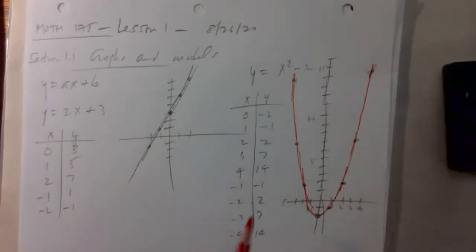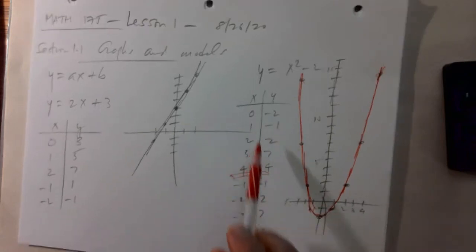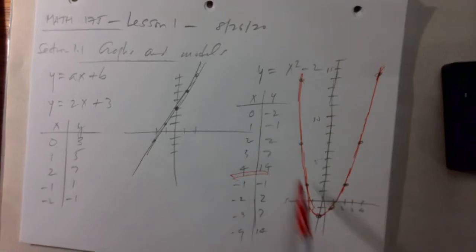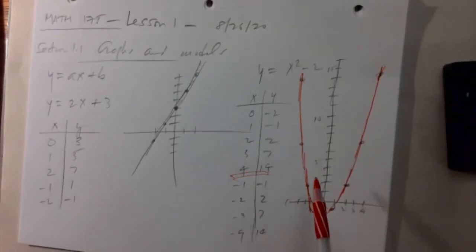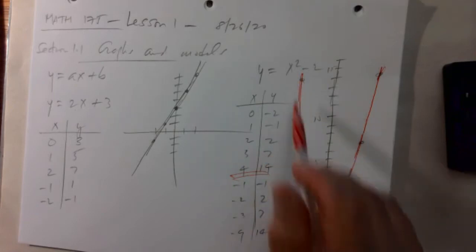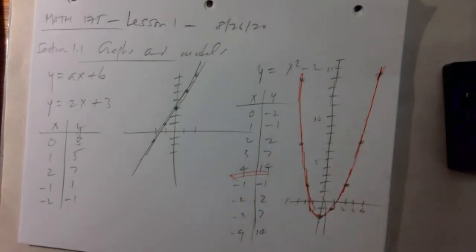It's really very interesting because if you only had taken the points from 0 to 4, you wouldn't have known it was turning around and going up. And if you only had taken the points from minus 1 to minus 4, it looks like something which is always going down. So it's very useful to get some idea of what the shape of the graph of a function looks like by calculating some points.